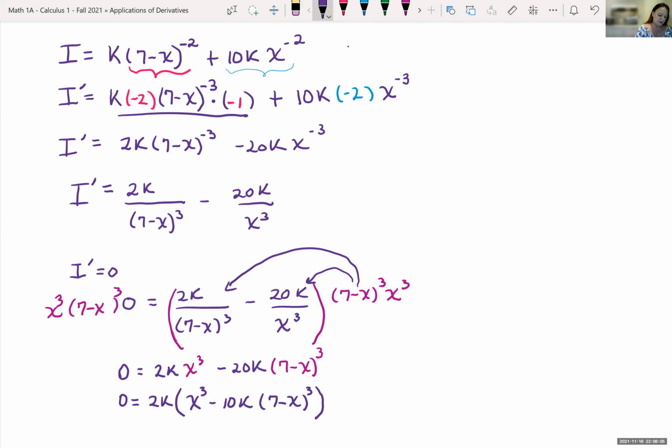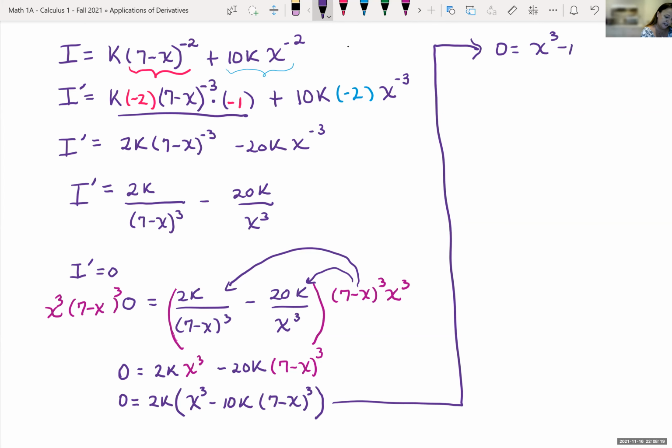Let's divide both sides by 2k. 0 over 2k is 0, so we get 0 is equal to x cubed minus 10k times 7 minus x quantity cubed.